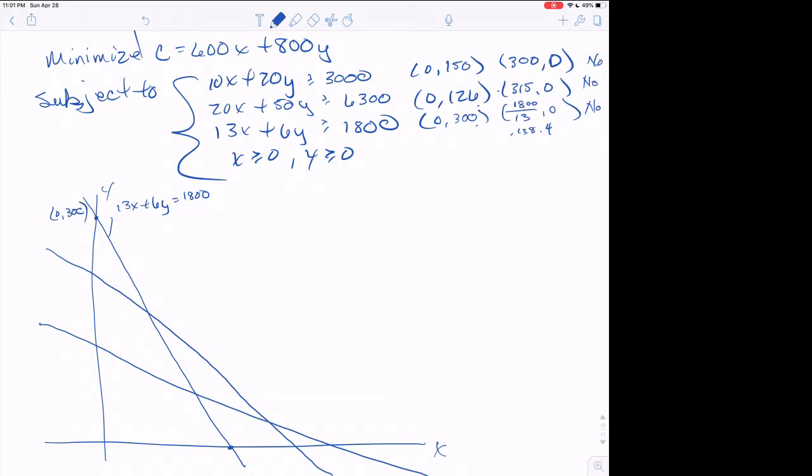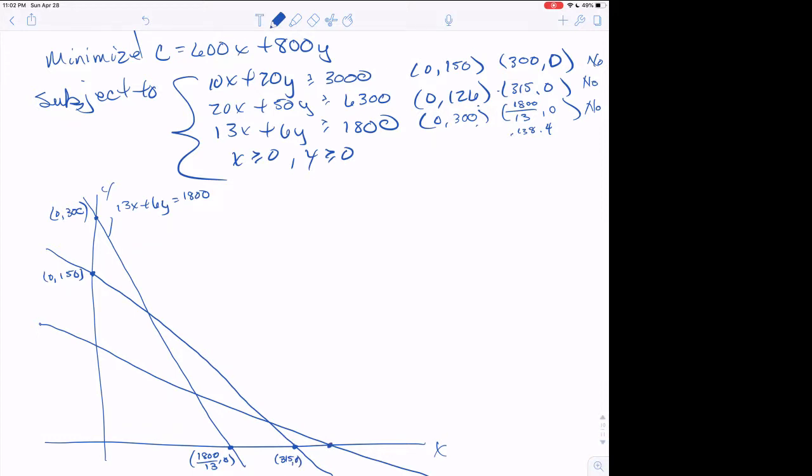And this value right here is going to be 1800 over 13, comma 0. My middle value is going to be 0, 150. And my middle value over here is the 315, 0.